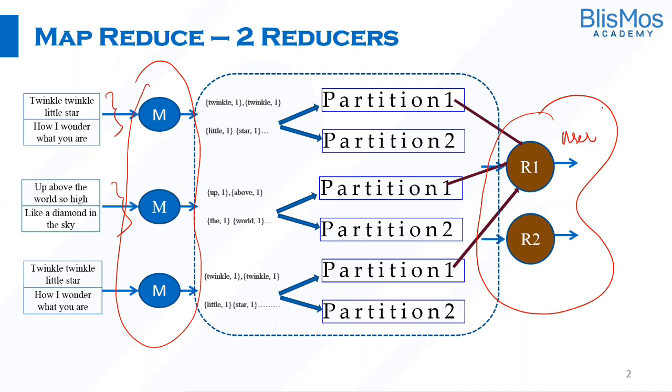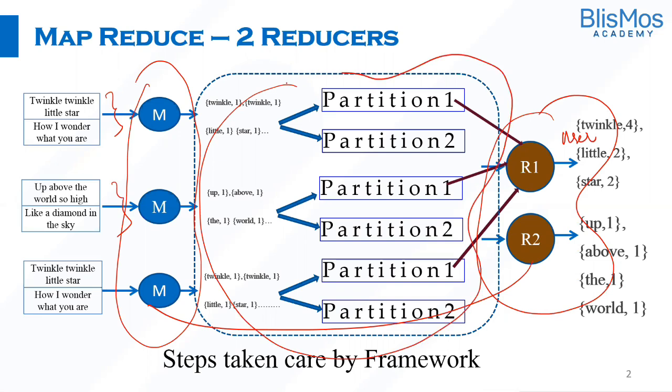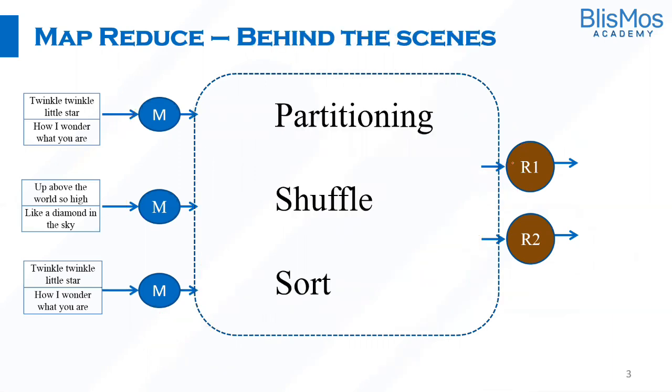Now, there is a whole lot of thing which is happening between reducers and mappers. These things are taken care by a framework, Hadoop framework. What are those things? They are partitioning, shuffle, and sort.